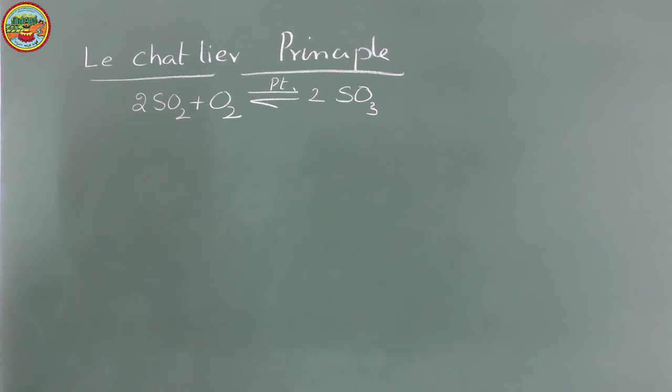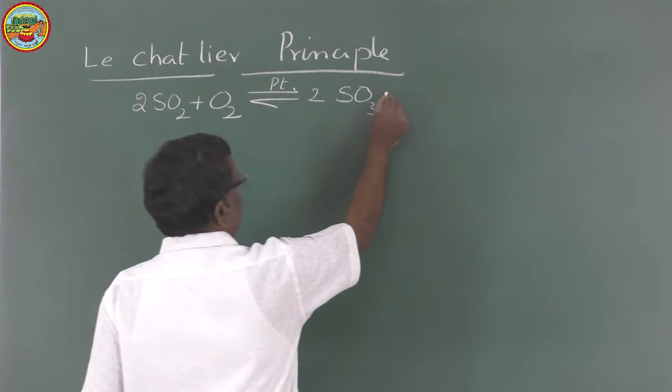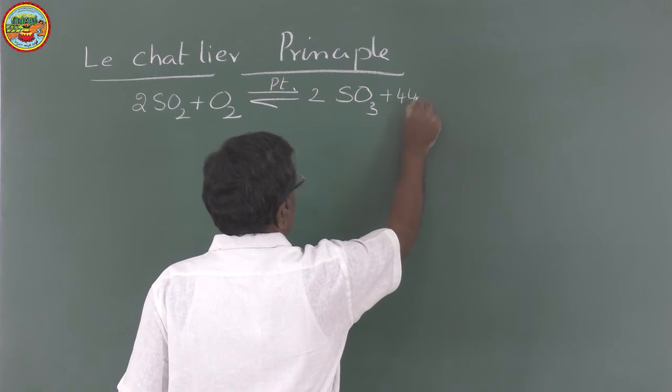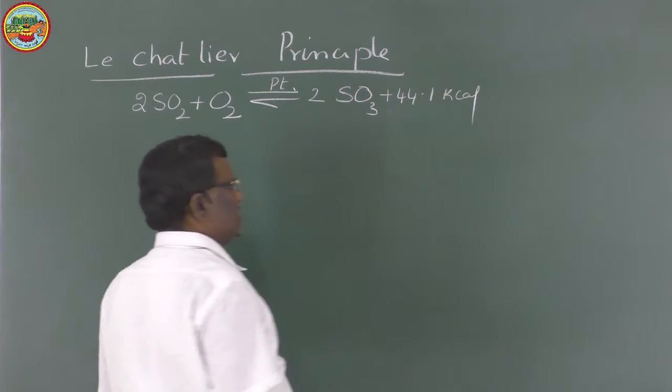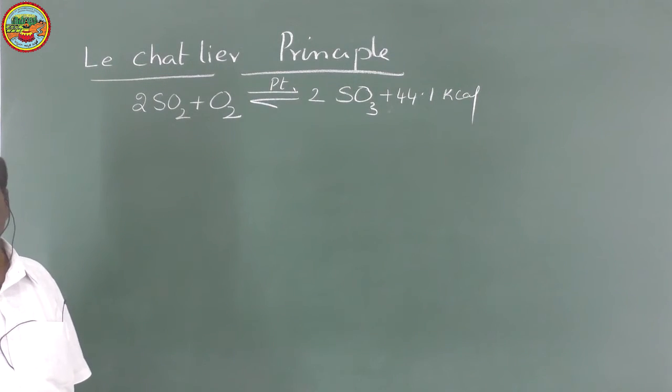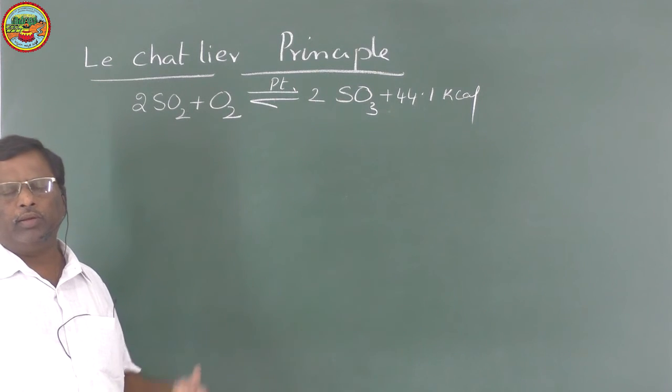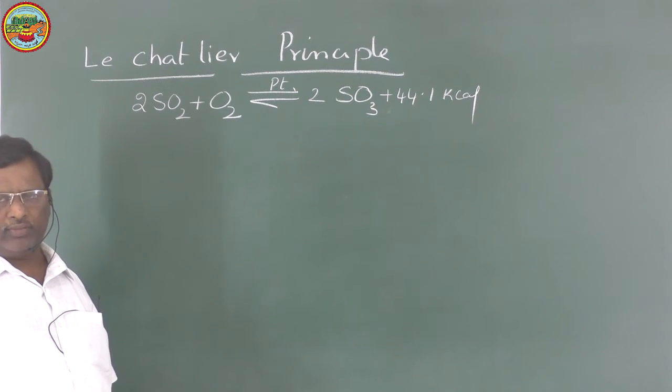That's why this reaction is said to be the contact process, the preparation of SO3. Now here, it is an exothermic reaction. In the forward reaction, 44.1 kilocalories of energy will be released. That means the forward reaction is exothermic, and automatically the backward reaction is endothermic.